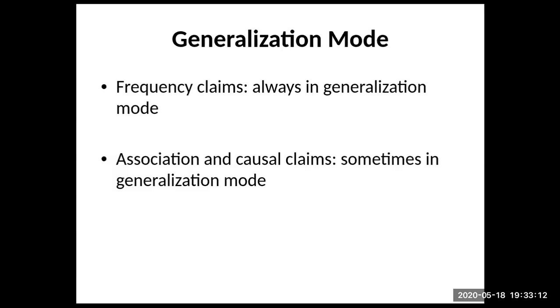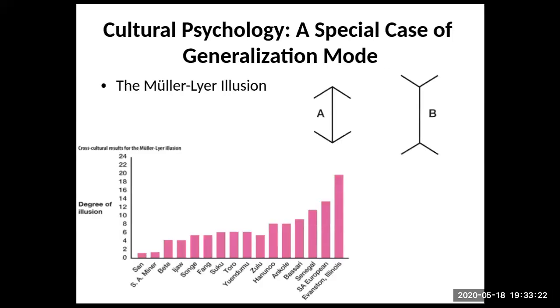Most of the time it's causal claims, when you have already shown in theory testing mode that there is significance, then that's where you go from there, right? So why would we say that cultural psychology is a special case of generalization mode? Because you can run a study on multiple cultures at once, and already you're generalizing to other cultures or other settings, right? Other people.